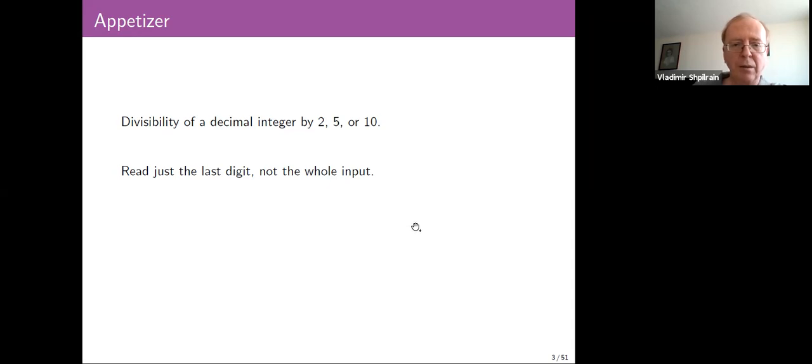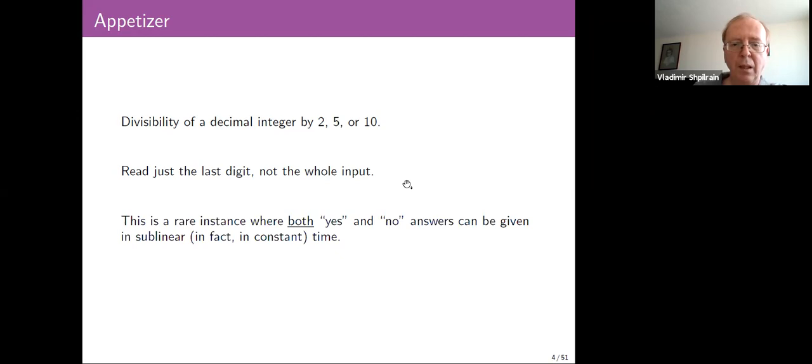And in fact, this is a rare instance where both yes and no answers can be given in sublinear time. So in this case, actually in constant time. Typically, when we talk about algorithms that terminate in sublinear time, these algorithms typically are like tests, fast checks, and they only give like a negative answer typically in sublinear time.